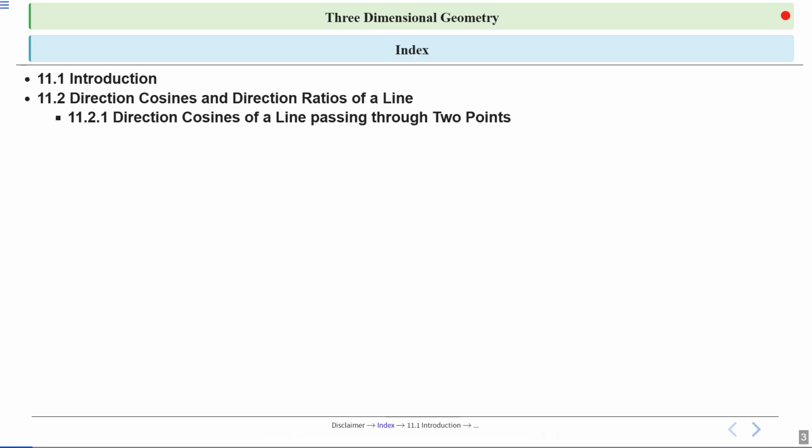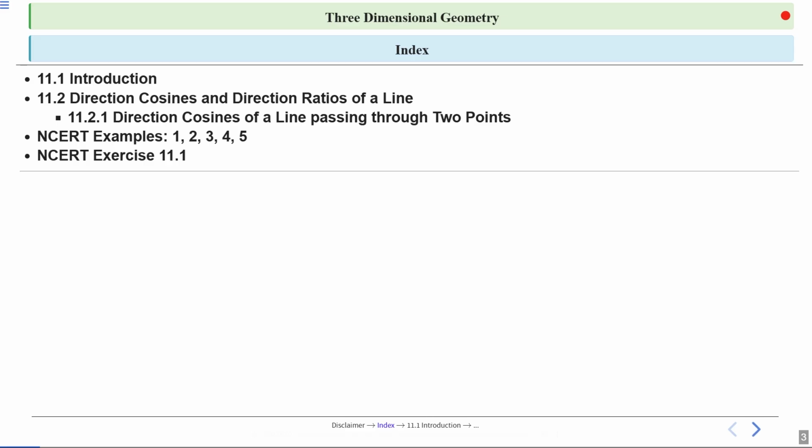Next, we will focus on direction cosines of a line passing through 2 points. Next, we will solve NCERT examples 1, 2, 3, 4, and 5. Finally, we will solve NCERT exercise 11.1, right?